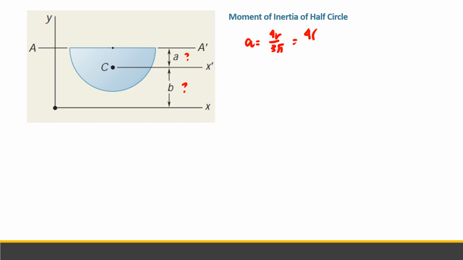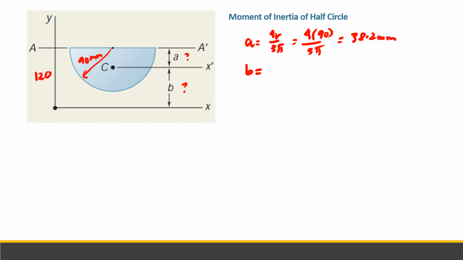So we have 4 times the radius, which is 90 mm. So we have 4 times 90 over 3 times pi. So distance A here is equal to ilan? 38.2 mm. And then sa B, we have a B here. So this is 120, no?